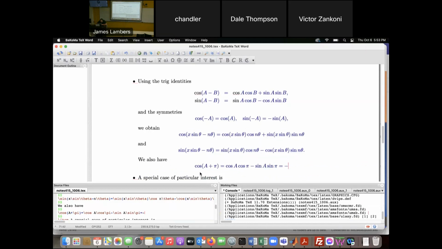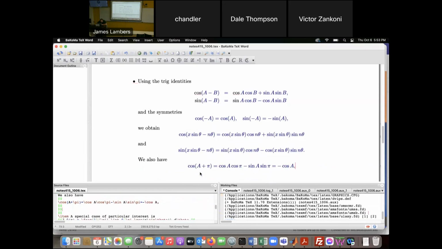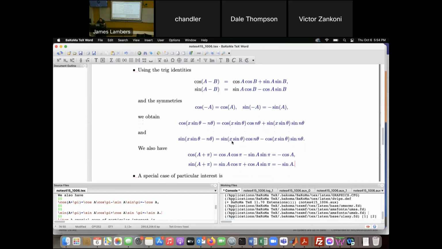So we get minus cosine of a. And similarly, if I consider sine of a plus pi, using my identity, I have sine a cosine pi plus cosine a sine pi. Again, sine of pi is 0, cosine of pi is minus 1. So I get minus sine of a.